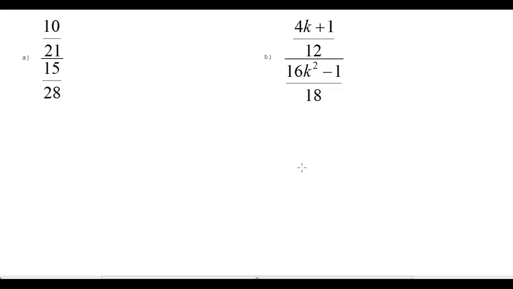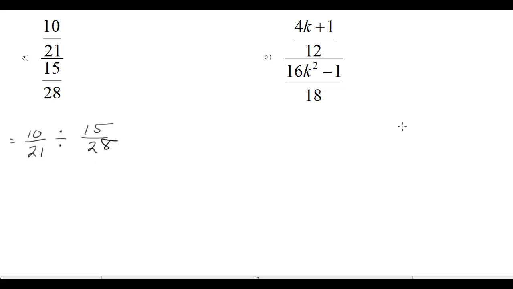Both of them are complex fractions, and both of them can be quickly manipulated. Let's show how to do problem A. When we look at this complex fraction, fraction over fraction, what we really mean is that it is equal to a dividend, which is the same as the numerator, divided by the denominator, which becomes the divisor, 15 over 28.